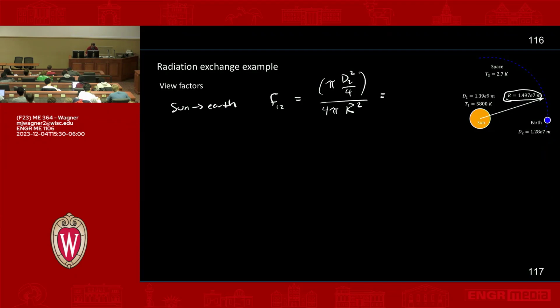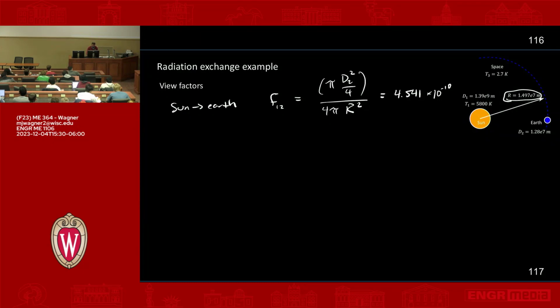And that is a very small number, but it's important, 4.541 times 10 to the minus 10th. It's a fraction. So that is the fraction of all the sunlight that's emitted that goes to the Earth. Almost zero, but fortunately not. So we have that view factor.